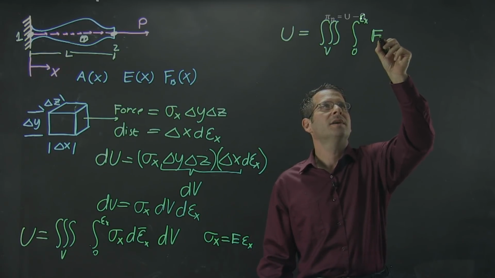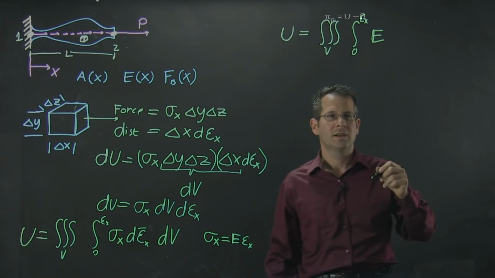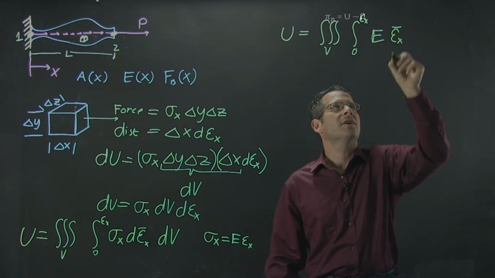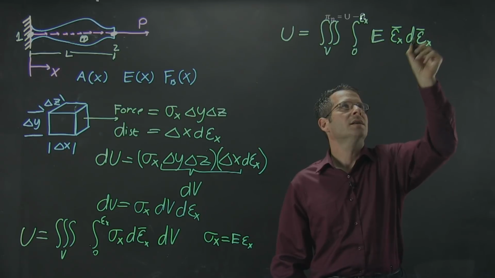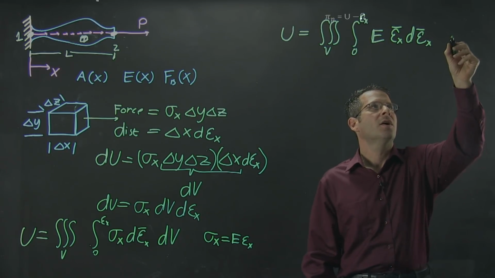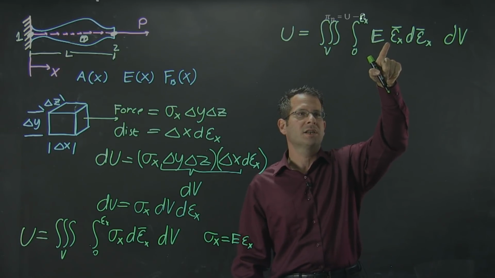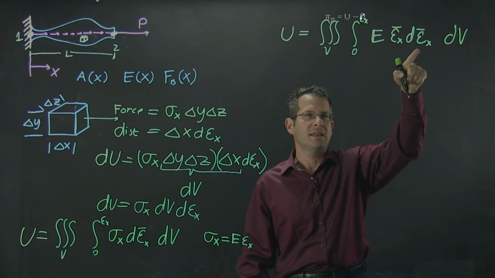Now I have E, I'm substituting out this stress for E times strain, inside the integral. I'm using a dummy variable, d epsilon in the x direction, over dV. Now I can integrate this. This is just going to be 1/2 strain squared after I take this integral.